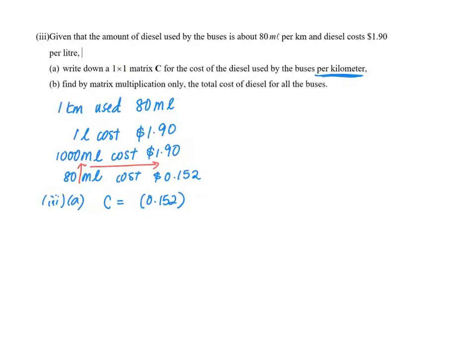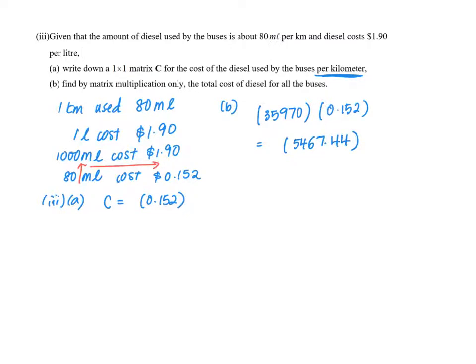Part B, find by matrix multiplication only the total cost of diesel for all the buses. Now we have previously the total distance traveled by all the buses is 35970. So doing a matrix multiplication with the price 0.152, that will give us a total of the matrix 5467.44.